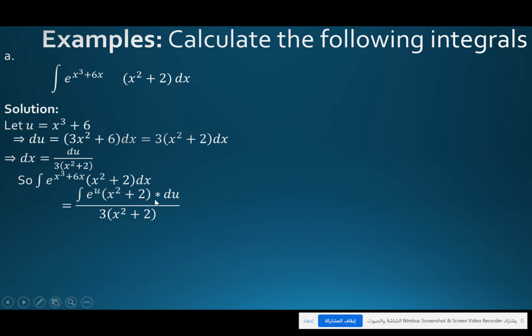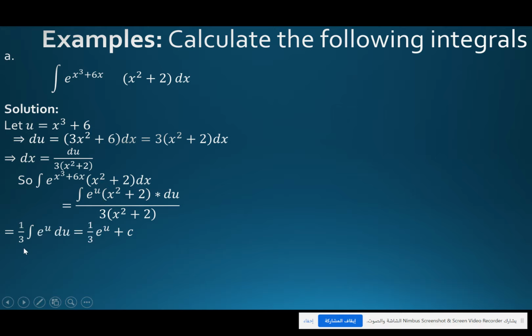But multiply it by du over 3 times x squared plus 2, which replaced dx from this step. Then you can cancel x squared plus 2 with x squared plus 2 to get the following.